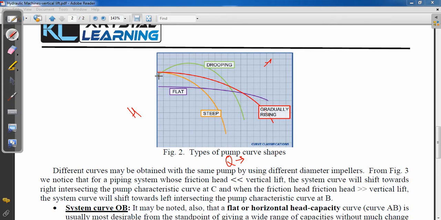The drooping curve is where head will increase and then decrease. The flat curve will be a flat characteristic of the pump curve. Steep will be a sudden drop. And the gradually rising one will be like this. Now we have to build this curve depending upon the data given in the question.